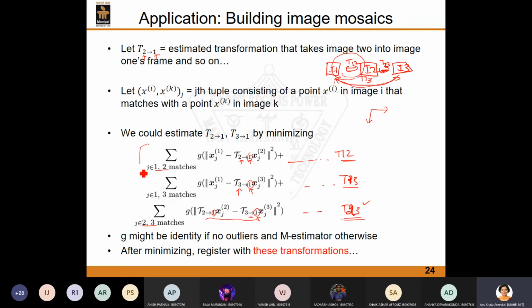This whole equation you have here is your minimization equation, which incorporates all 3 transformations, T12, T13, and T23, and all these transformations are expressed with respect to mapping to image 1, which forms the basic reference plane that you have. And this kind of approach is what you call bundle adjustment.